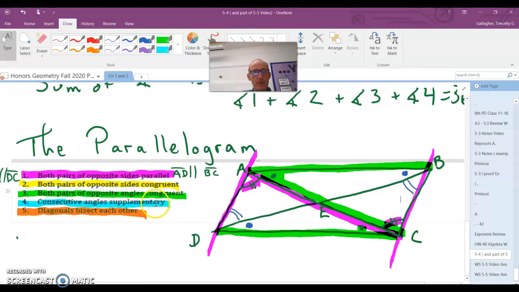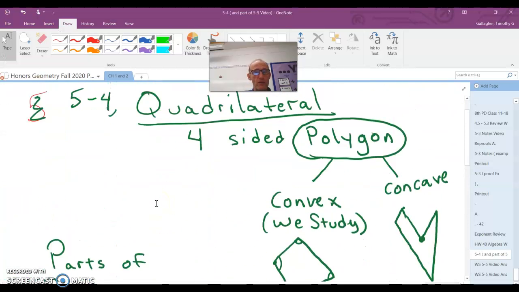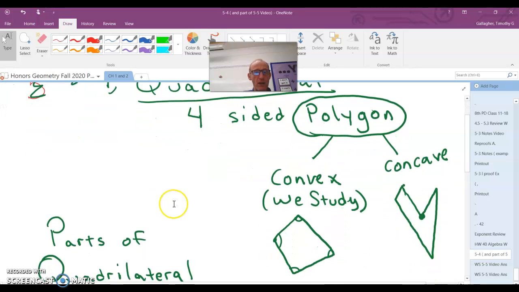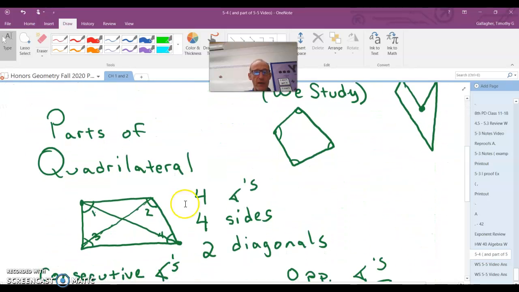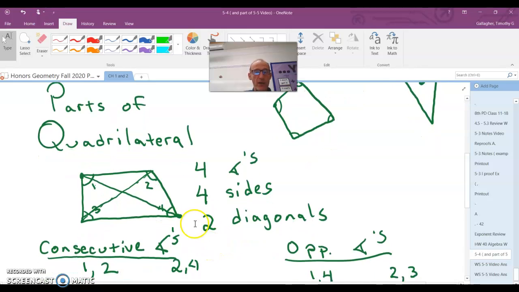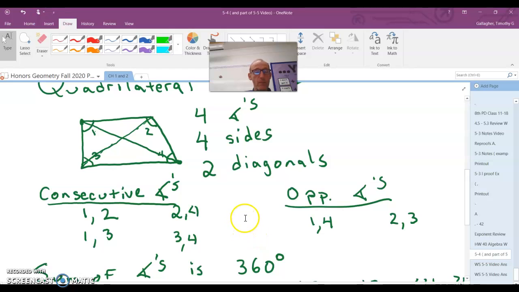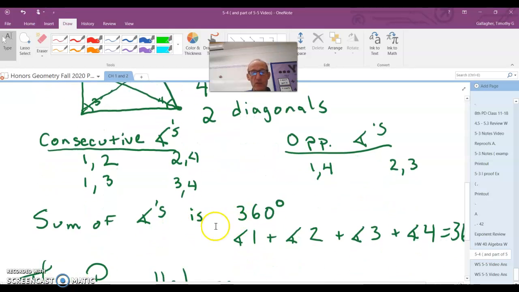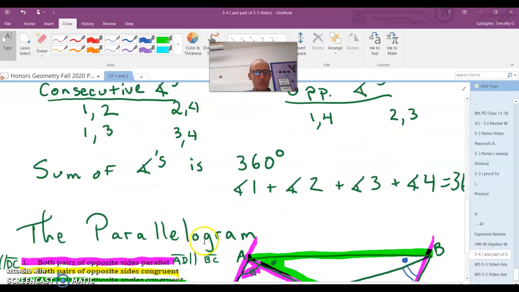So like I said, there are quadrilaterals here, 4-sided polygons. The parts of a quadrilateral are 4 angles and 4 sides and 2 diagonals. Now, we have consecutive angles, which are next to each other, and we have opposite angles. All right? And the sum of the angles is always 360. It's like a triangle, only it's 2 triangles.